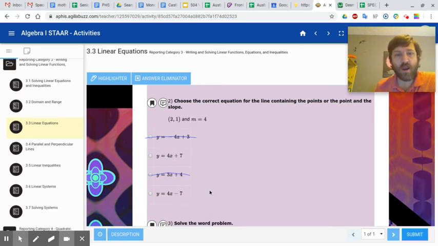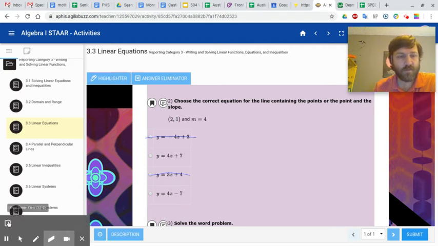From there, all you have to do is what we did in the previous problem: put the point (2, 1) in, and find out which one of these crosses through that point. Because we already know the slope is correct, it's just a matter of whether it's plus 7 or minus 7 on the y-intercept, and we'll know that by which one crosses this point. So that's how you're going to finish that one.